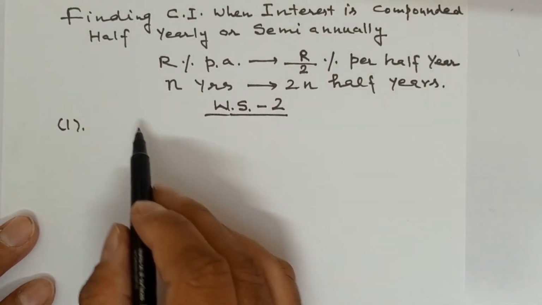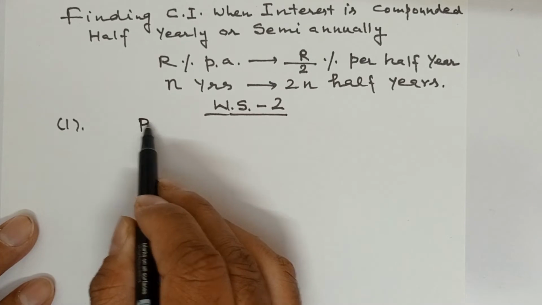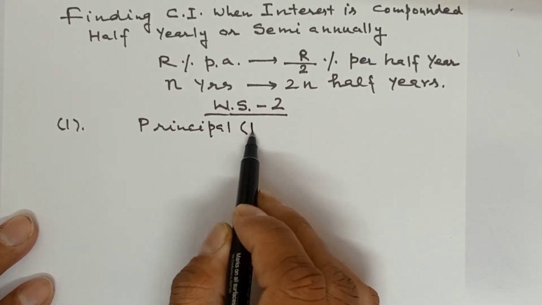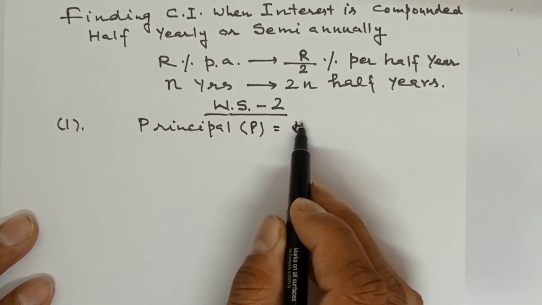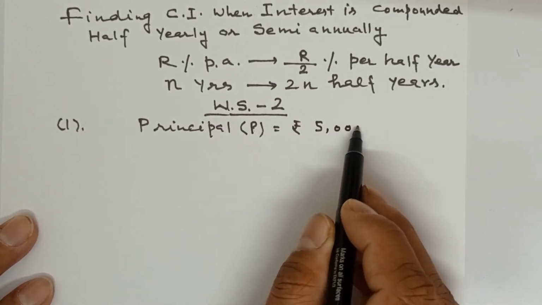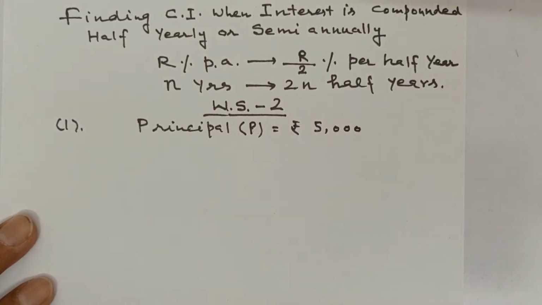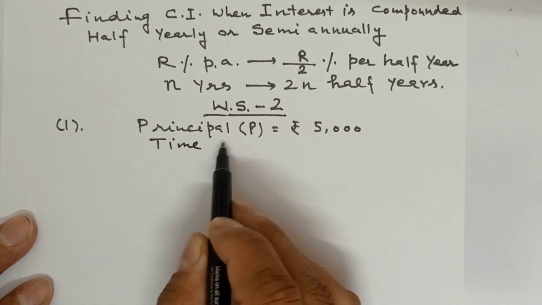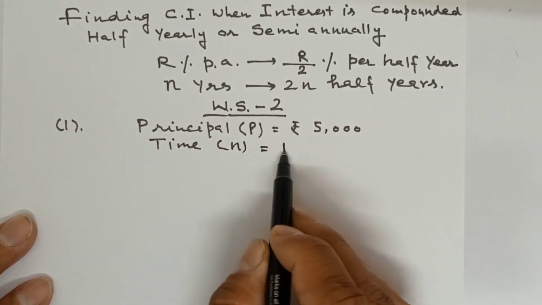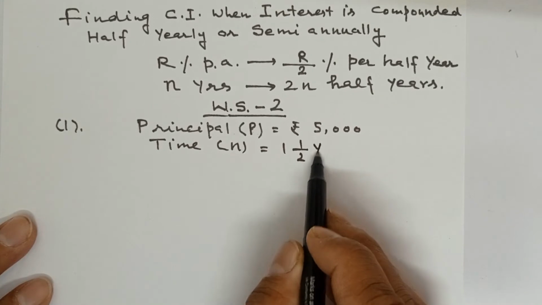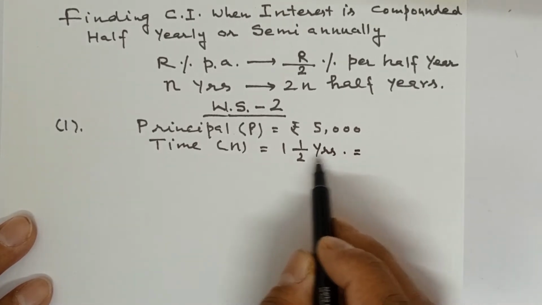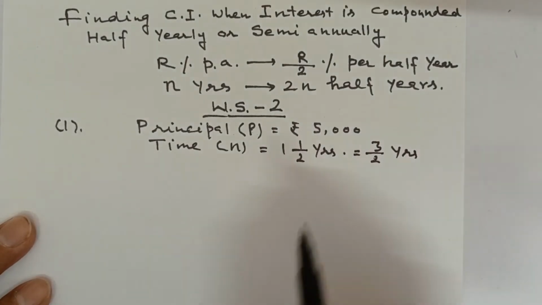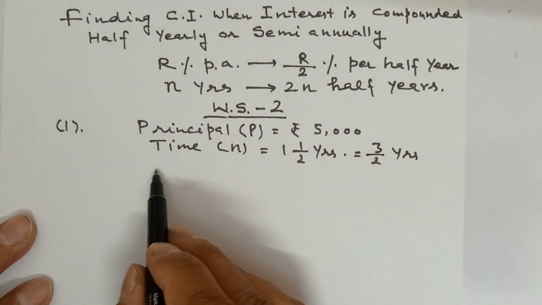Compute the compound interest on rupees 5,000. So I have written principal P, rupees 5,000, for 1 and 1 by 2 years, time n. 1 and 1 by 2 years, convert it: 2 ones are 2 and 1 is 3, so 3 by 2 years, for 16% per annum.